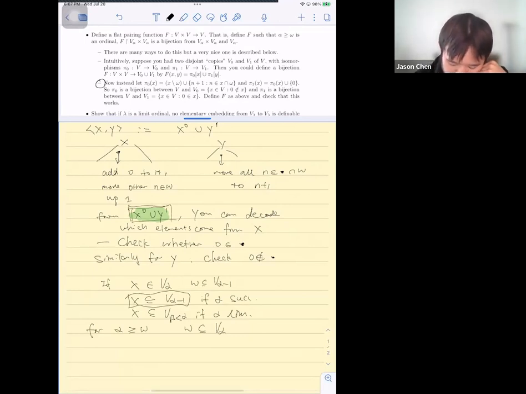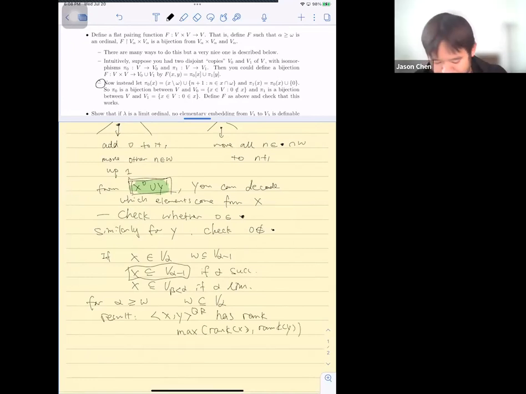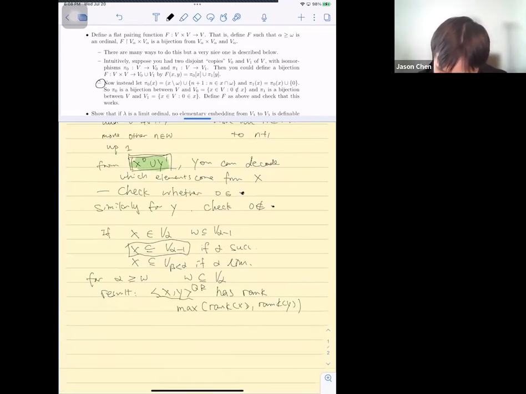So the result is that the Quine-Rosser pair has rank max of rank X and rank Y. To get this pair, you just wait till whichever has higher rank, say X, all the ingredients available for X are available, and then you cook something that's slightly different to get to this pair.